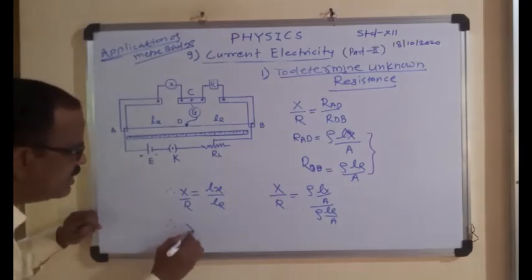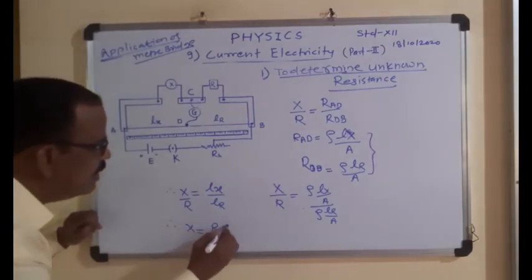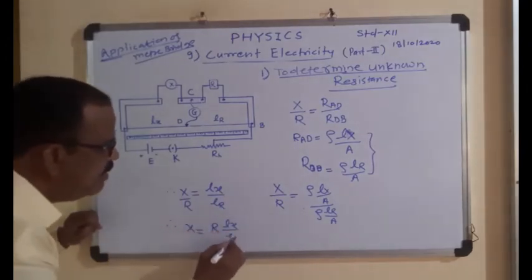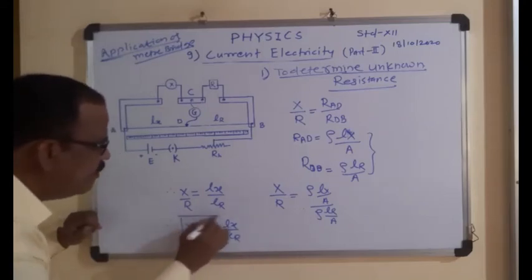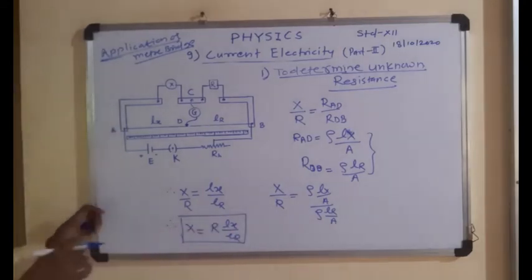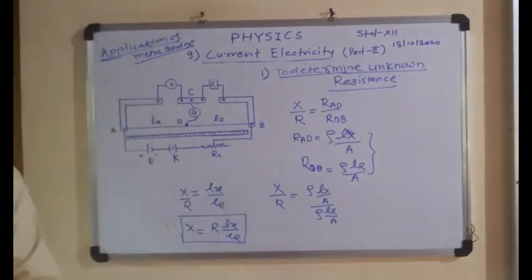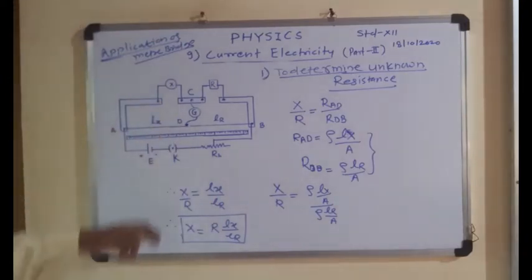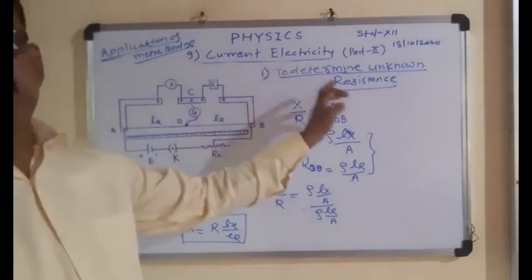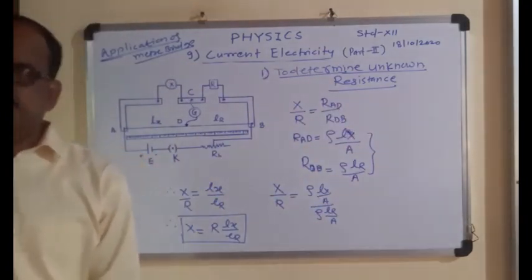Therefore, X is equal to R into Lx divided by Lr. With the help of this formula, we can determine the unknown resistance. Now, we will explain the second application of meter bridge.